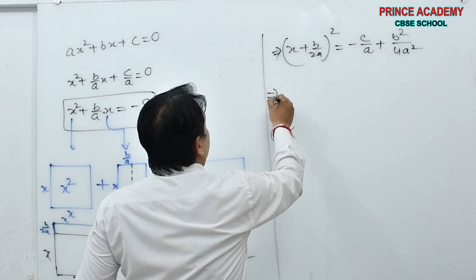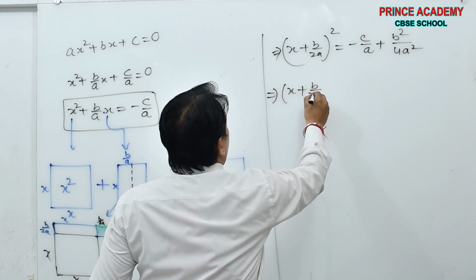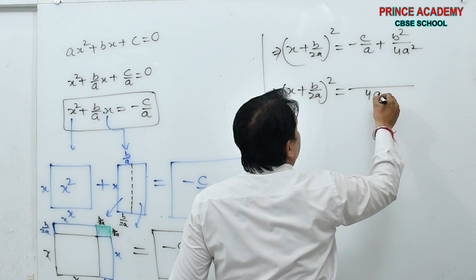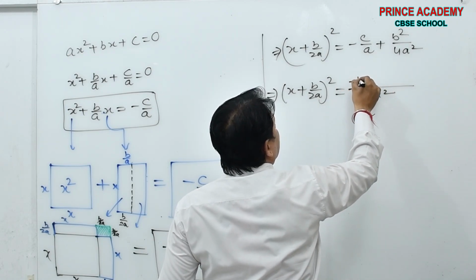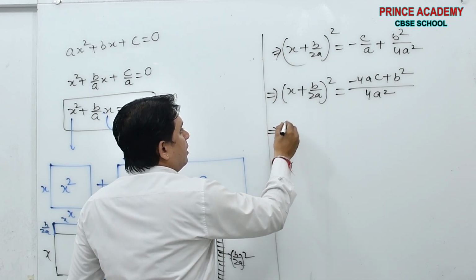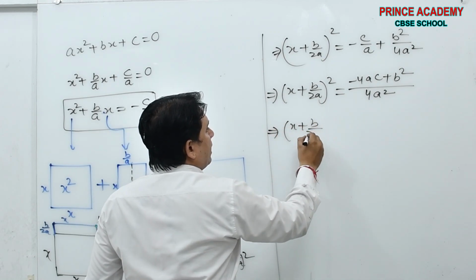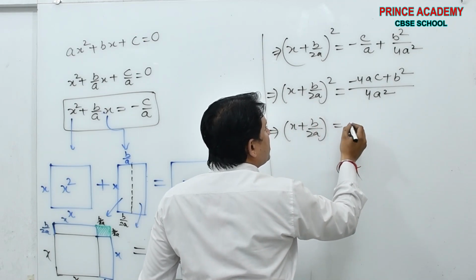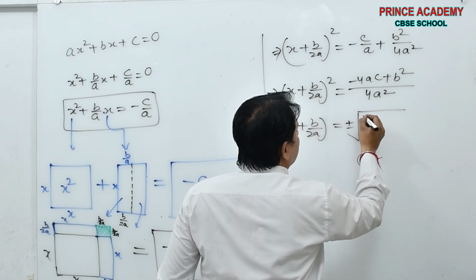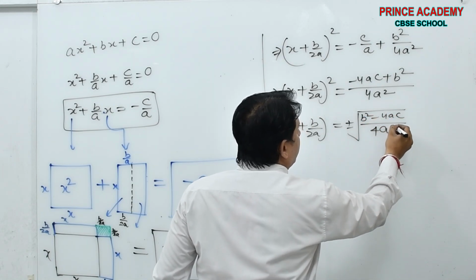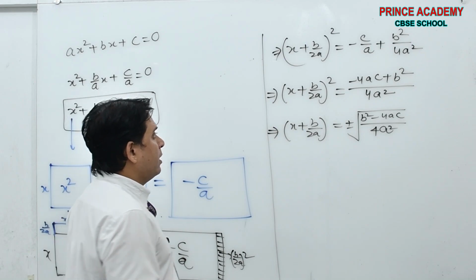Now see beta, x plus b by 2a whole square. If you take 4a square LCM here, a cancels a, minus 4ac plus b square, so x plus b by 2a whole square is equal to b square minus 4ac by 4a square. Okay.